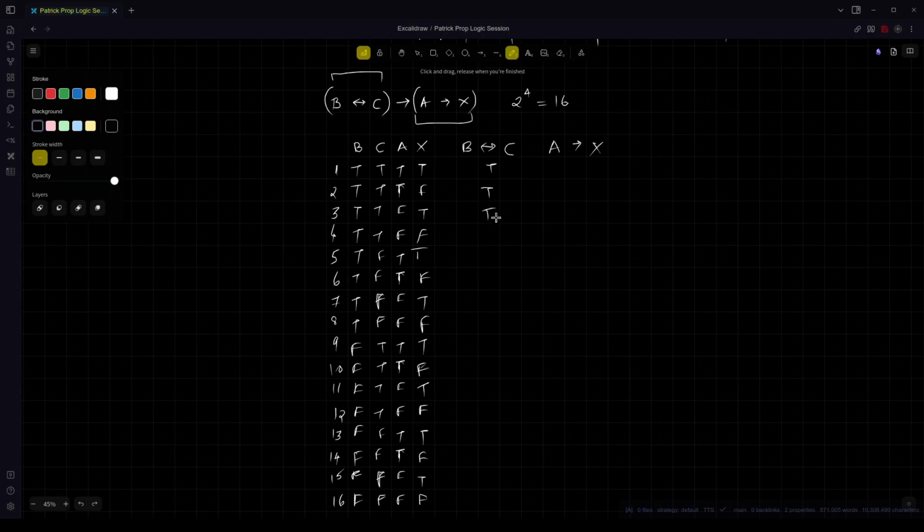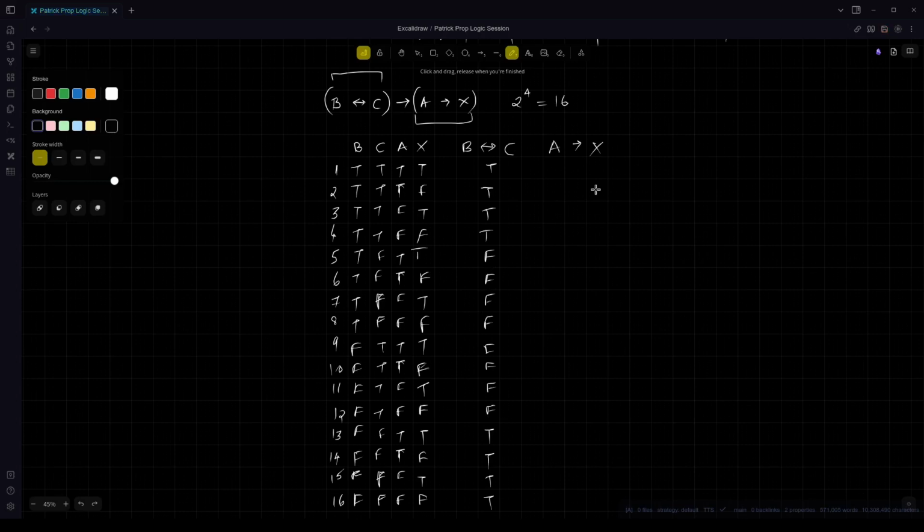I've got to be careful with that. Then false, false. Keep on going until you get up to row 13, and then they're all trues.